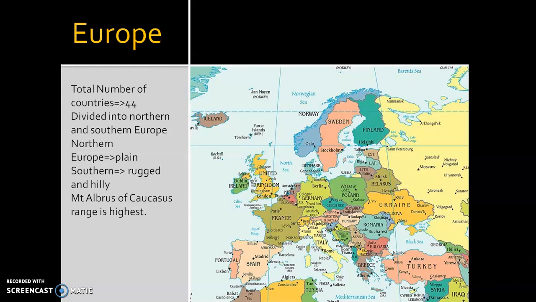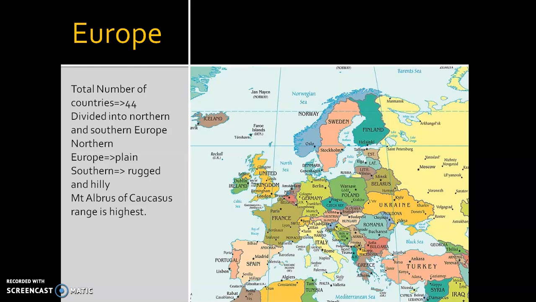It is divided into Northern Europe and Southern Europe. Northern Europe starts roughly from France, and this is a very plain area of the continent. So basically, if you study Europe, you'll see that there are two regions: the northern part and the southern part.